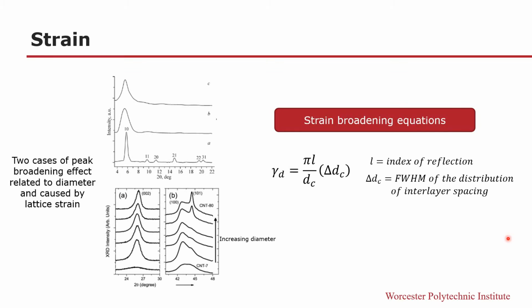It was predicted that the broadening of the 002 peak would be lower for larger diameter nanotubes, and it was found that a decrease in full width half max, aka the breadth of the XRD profile, with increasing diameter was consistent with lower strain and curvature of the larger diameter nanotubes. Here you can see from the two charts that as the diameter increases, the peak profile becomes sharper and less diffuse. Here is the strain broadening correlation.